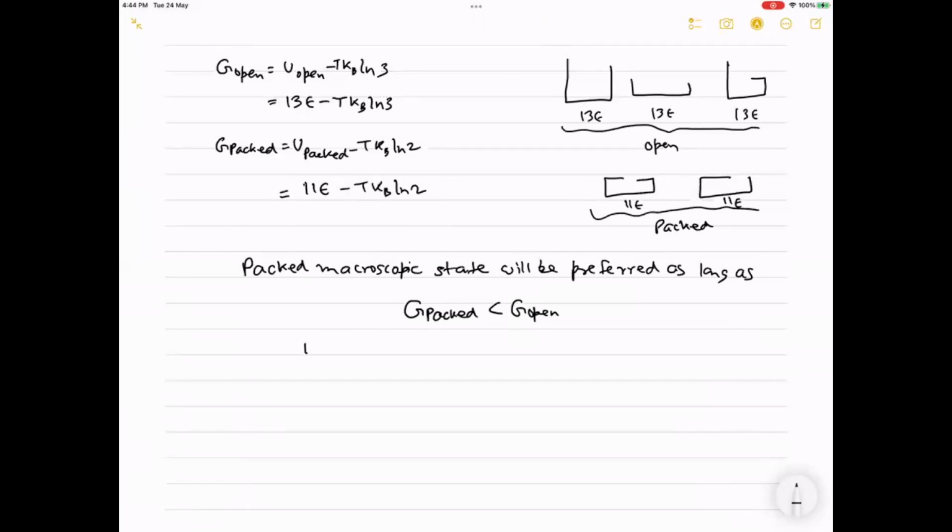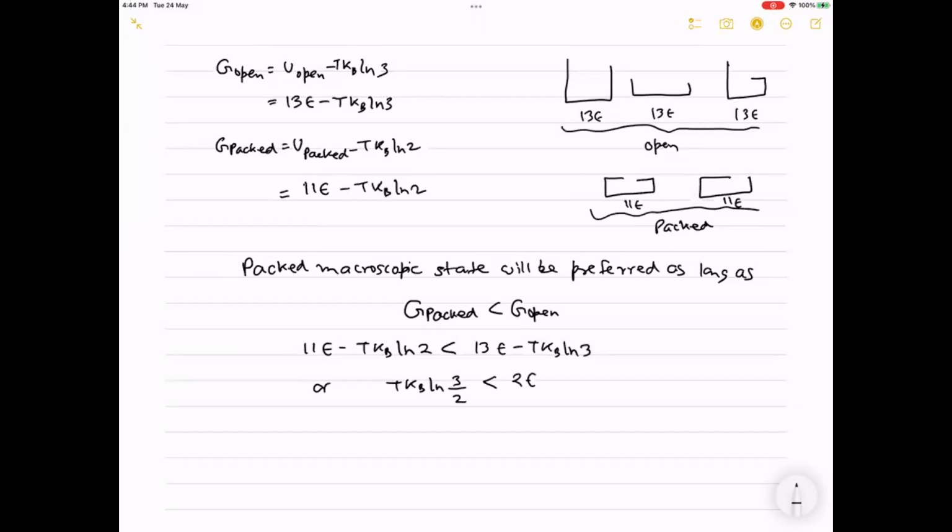Or in other words, 11 epsilon minus T KB ln 2 is less than 13 epsilon minus T KB ln 3. Or we can write, if I bring this on the left hand side, T KB ln 3 by 2 is less than 13 epsilon minus 11 epsilon, which becomes 2 epsilon.